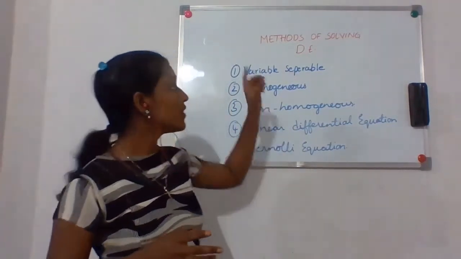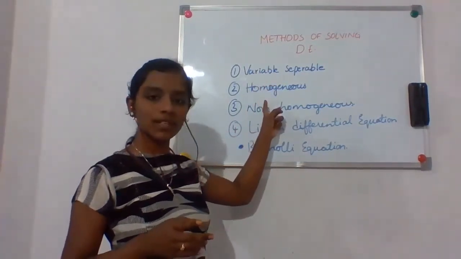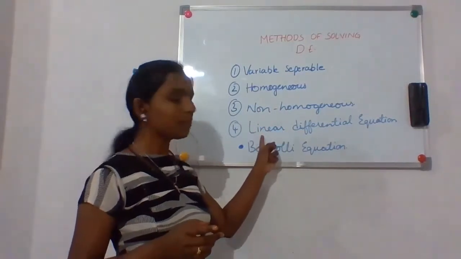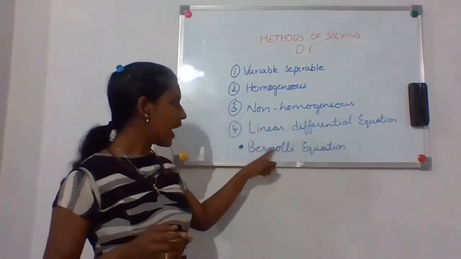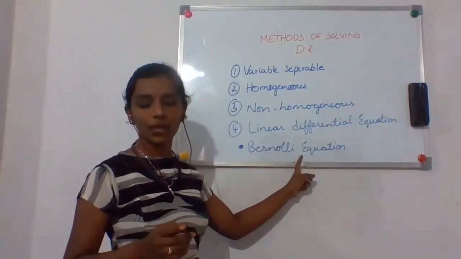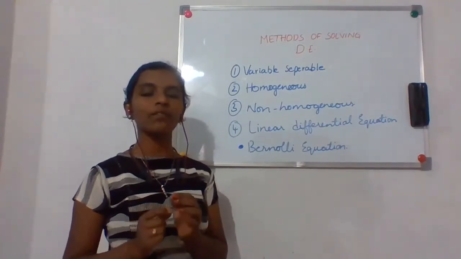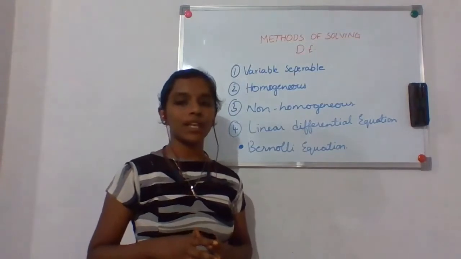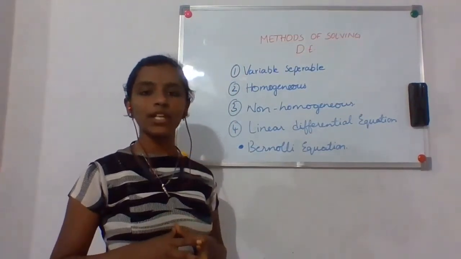There are four methods. The first method is variable separable, the second is homogeneous, the third is non-homogeneous, and the fourth is linear differential equation. After that I have written something called the Bernoulli equation. This is also a kind of linear differential equation, but we are going to slightly change the process. That's it. These are the methods of solving a differential equation.